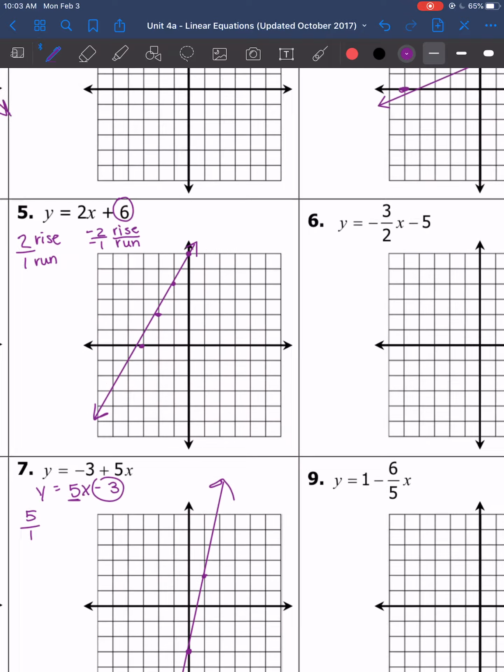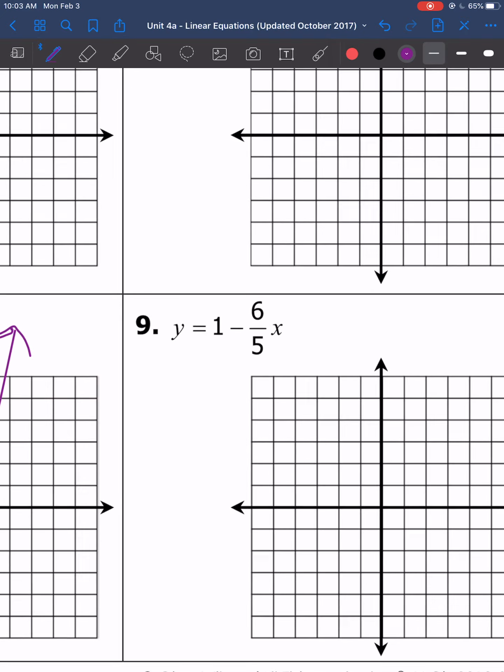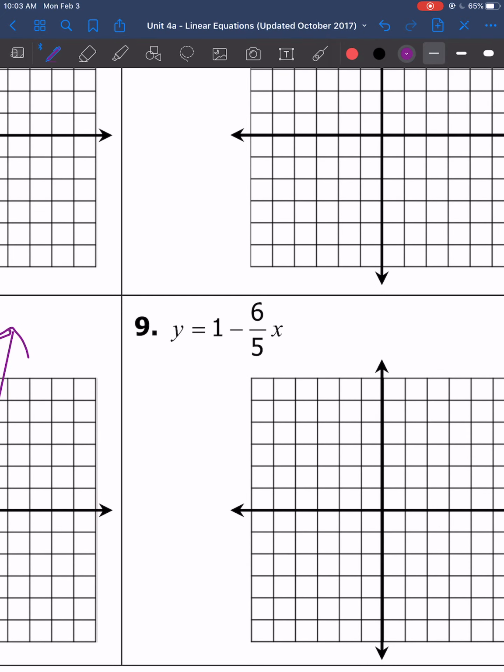And let's do one more, let's do 9. Even though these are out of order, that's okay. So let's rearrange this to y equals negative 6/5 x plus 1. So our y-intercept is positive 1, and my rise is negative 6, and my run is 5.